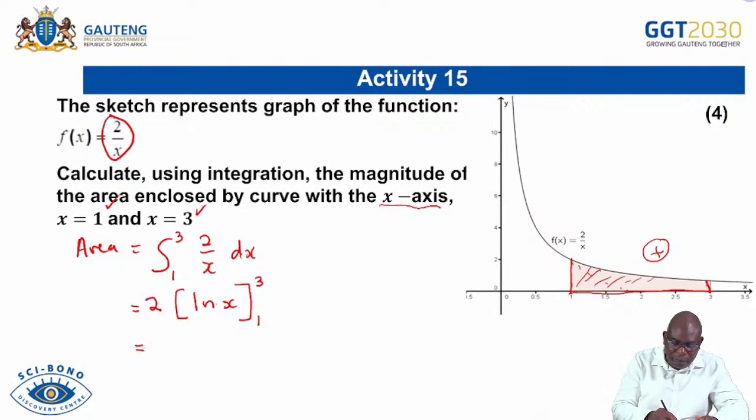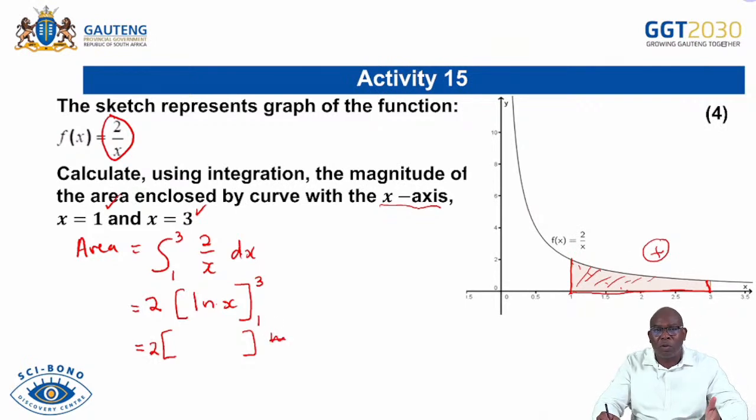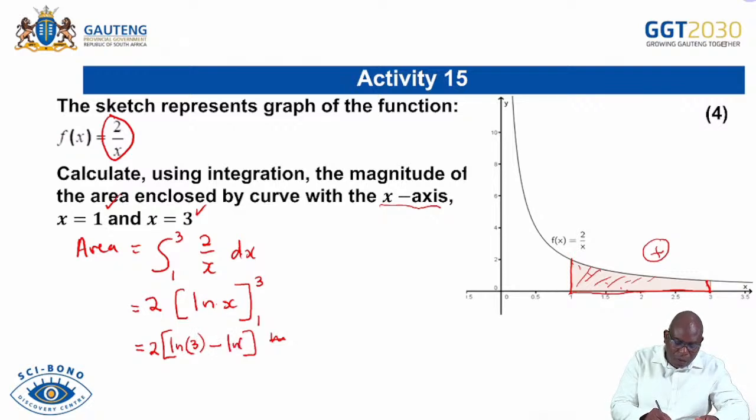The easy way to do it is to write only 1 bracket and put the 2 outside. So I'm just going to subtract: ln of 3 minus ln of 1, without those brackets.